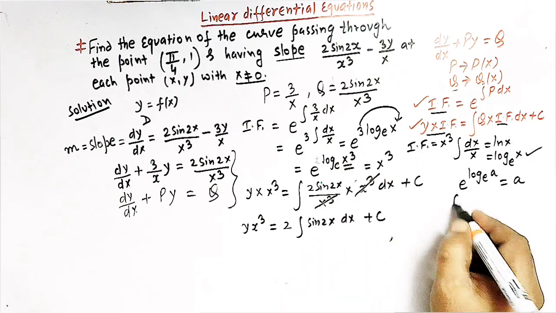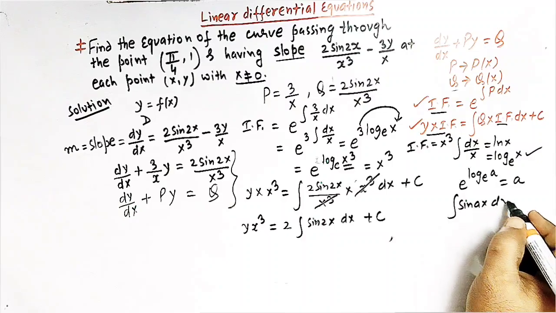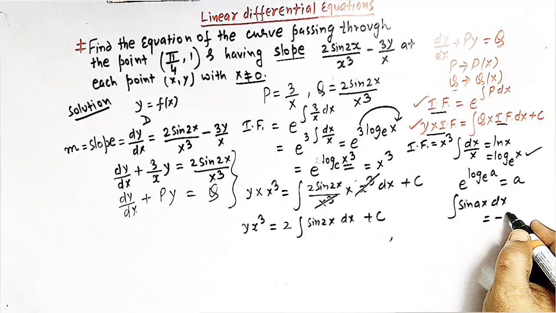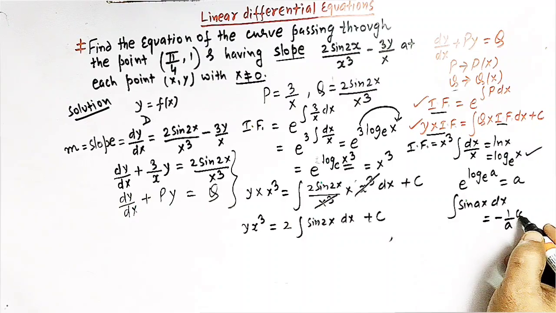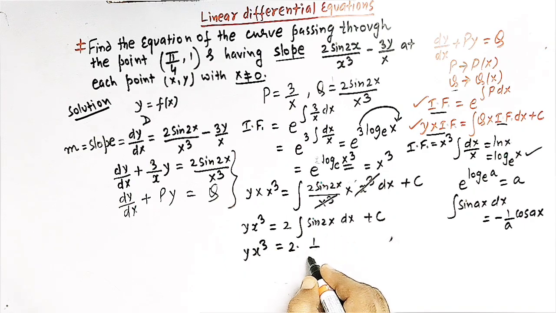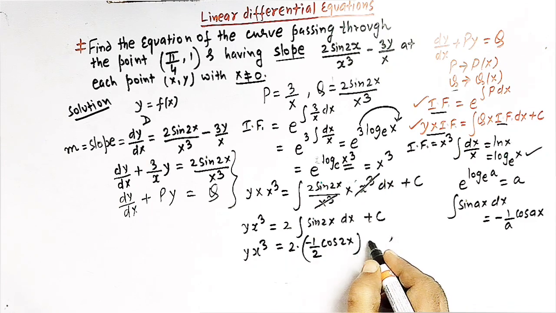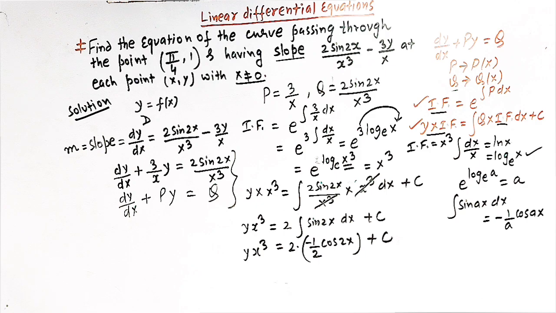Now the integral of sin ax dx is given by minus 1 over a cos ax, right? So the integral of sin 2x is given by 1 over 2, here we have the negative sign, then we have cos 2x, and c is the constant of integration.